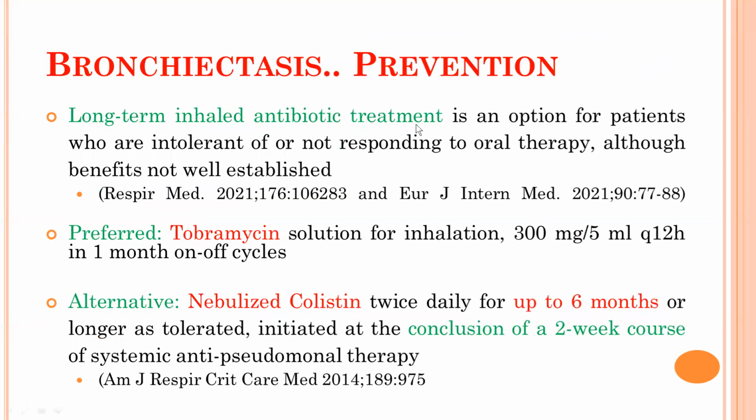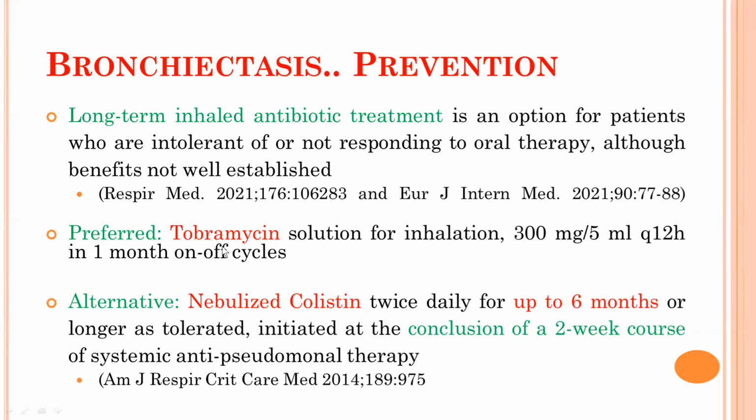There are some other regimens for prevention. Long-term inhaled antibiotic treatment is an option for patients who are intolerant or not responding to oral therapy. Although the benefits are not well established, the reference is given here.